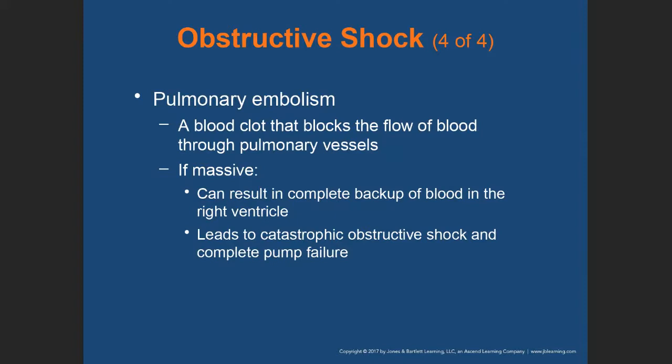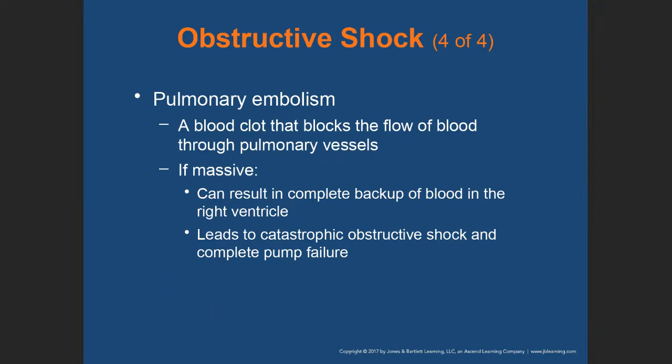Patients with deep vein thrombosis, a patient who has been sedentary for a while, so they're on a long flight or they're driving for a long time and they're not wiggling the toes, and then they stop and move the leg and a clot is dislodged.